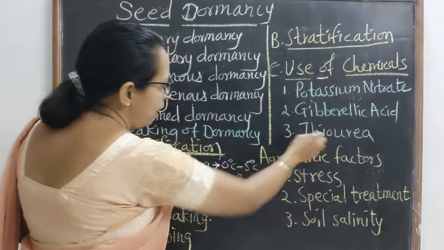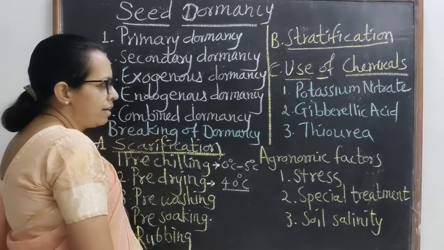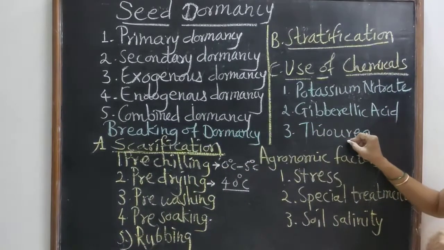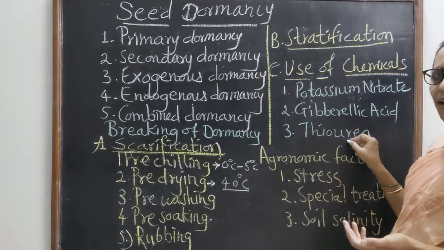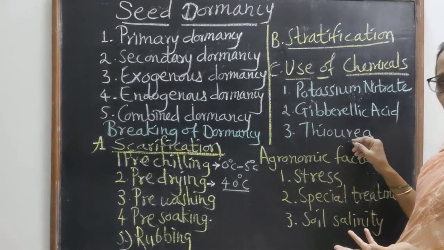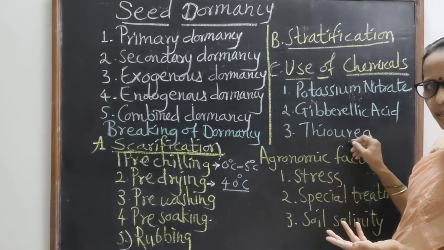Next is Thiourea. Thiourea is also a very traditional practice which is mostly used in case of plants which we grow by tubers or by corms. Like potato, you are using Thiourea. It is a very common practice by the farmers.